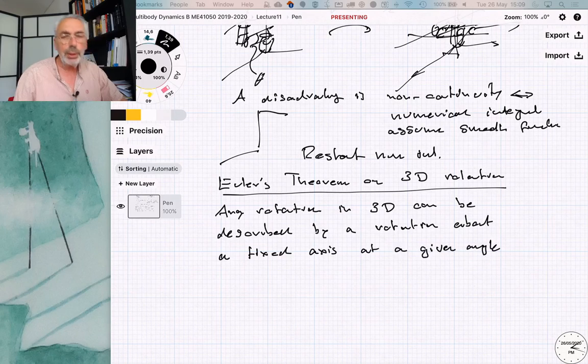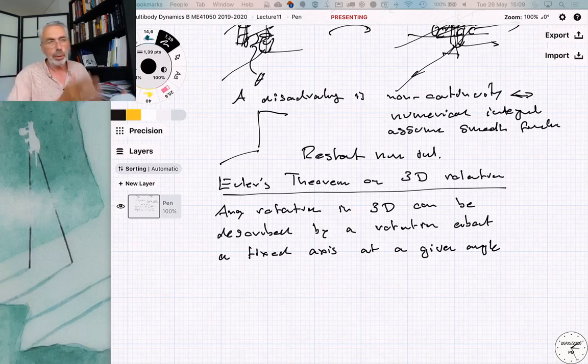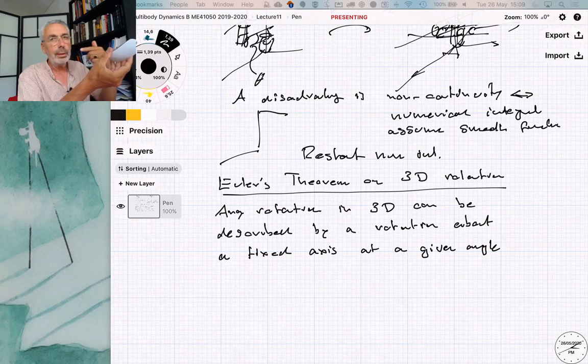So what does he say? Well, if I have some object here, and my coordinate system is x, y, z, and this also has some local coordinate system, and I take any configuration, like this configuration. How did I get there? Well, I can calculate an axis and an angle which made this go into this.